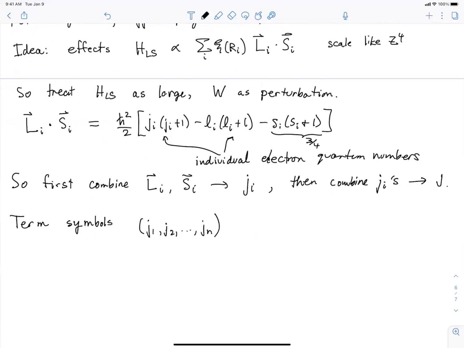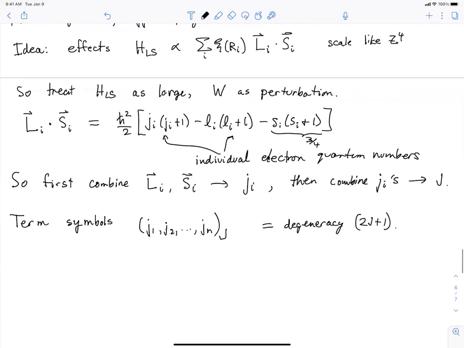And then we write a capital J to tell us how those combine to give the total angular momentum of the whole thing. And these states will have degeneracy 2J plus 1, and that's just because M sub capital J will run from negative J up to J in integer steps.